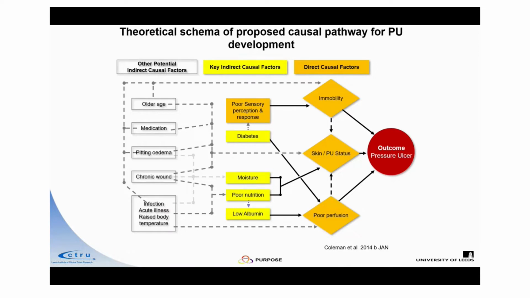So they're the 3 factors that were most heavily associated statistically with pressure ulcer development, the outcome, which is red. But if you work backwards, you can see that the indirect causal factors and the other potential causal factors all sort of impact on those 3 direct causal factors.